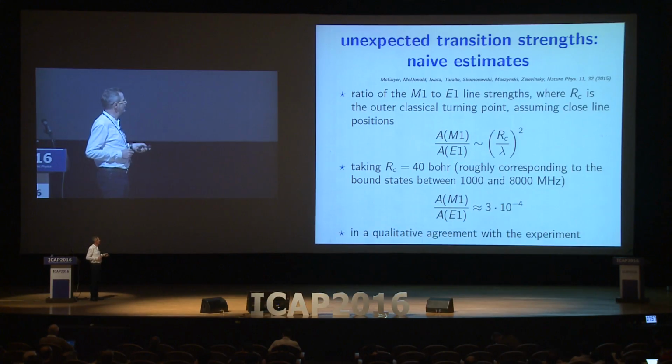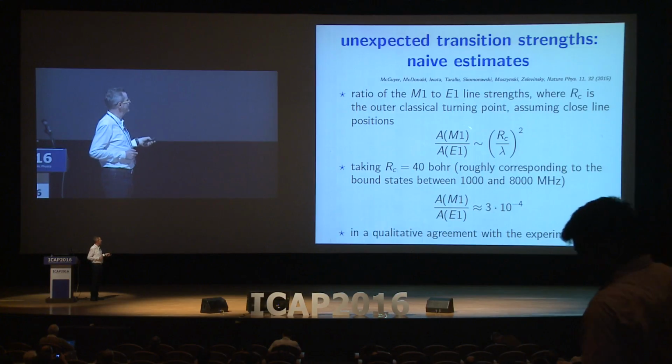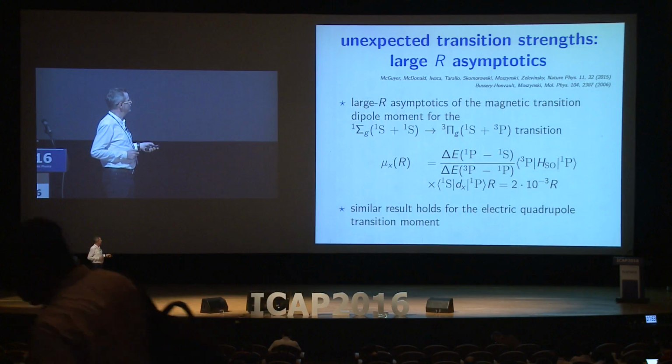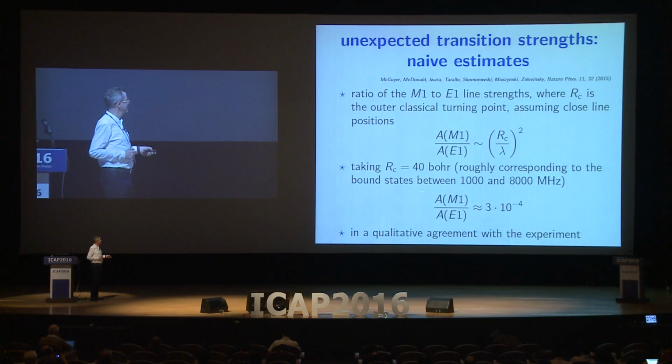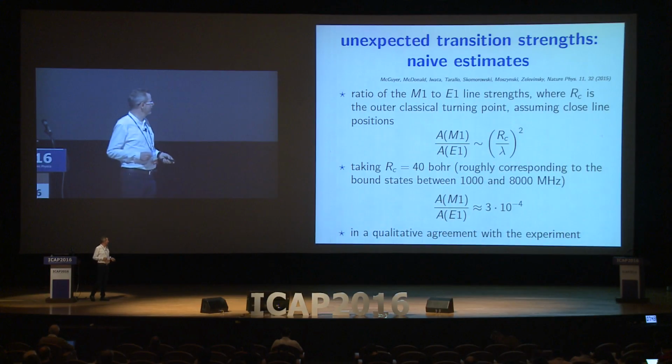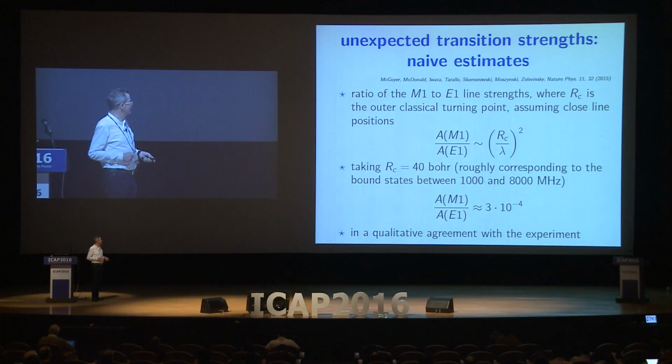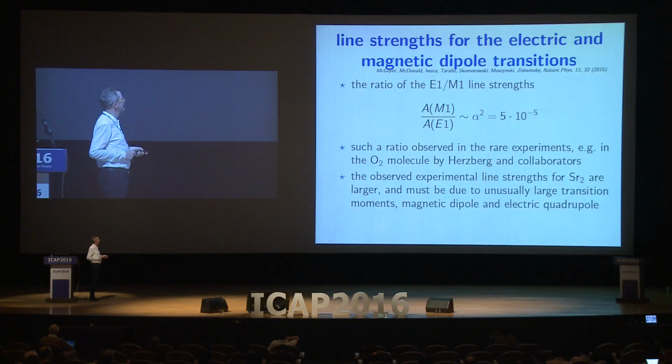And if you make a naive estimate by using this result, then we get that in the case of strontium, we get indeed one order of magnitude stronger line strength than expected from this ratio.